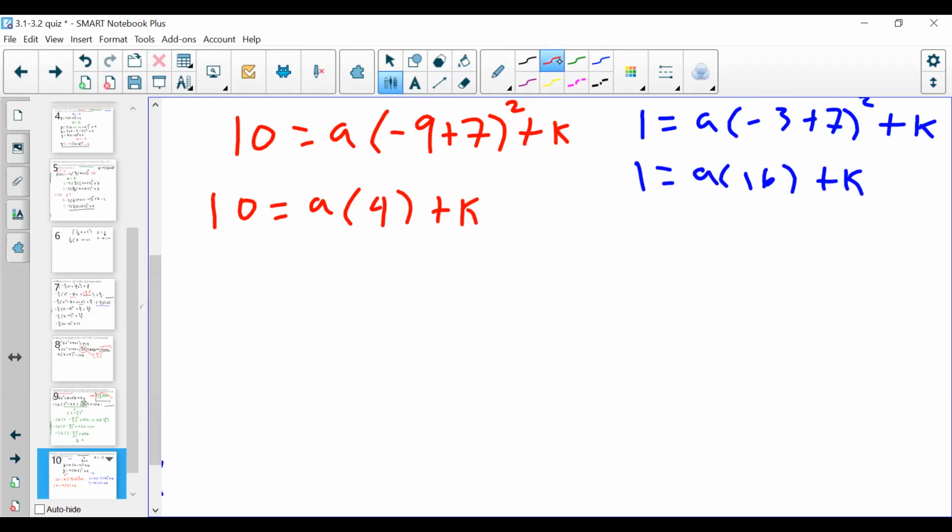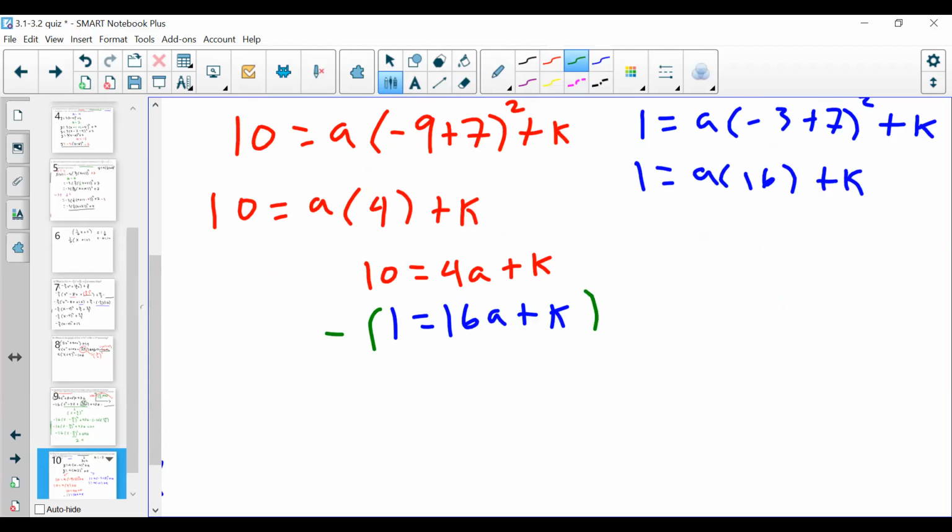So what I get is 10 equals 4a plus k, and 1 equals 16a plus k. So I have a system of equations, and what I want to do is either add or subtract or whatever I can do to cancel out one of the variables. The k's have the same coefficient, so I can just subtract these from each other.